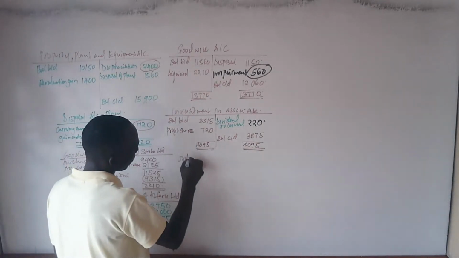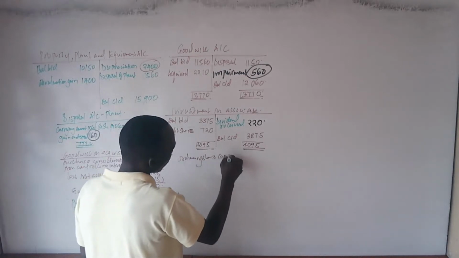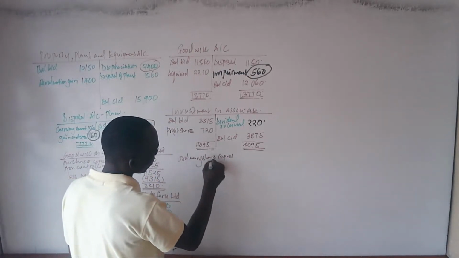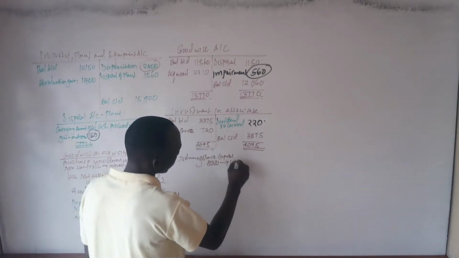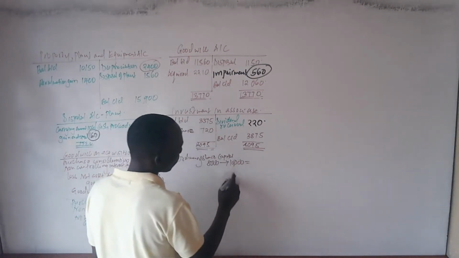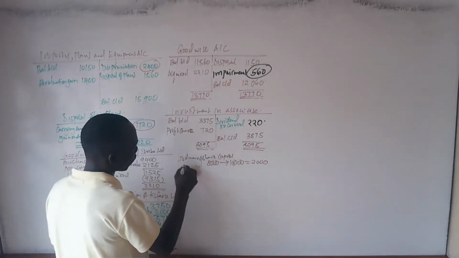So ordinary share capital at the beginning was how much? 8,000. At the end we had 10,000. So they have increased by 2,000.